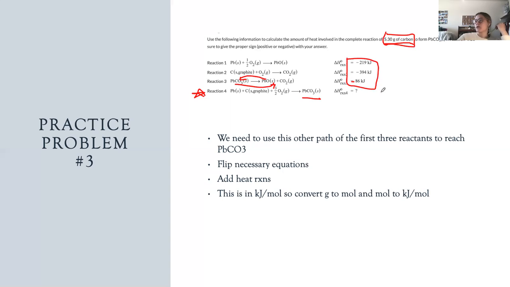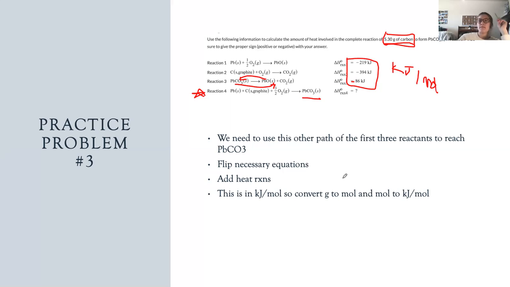We need to remember that heat of reaction is always measured in kilojoules per mole.